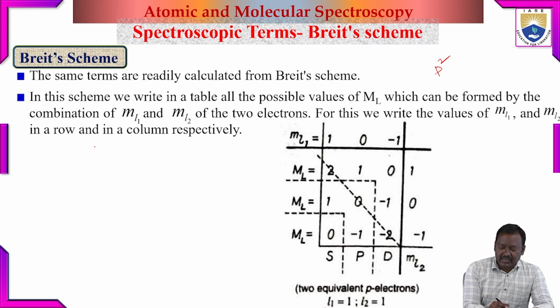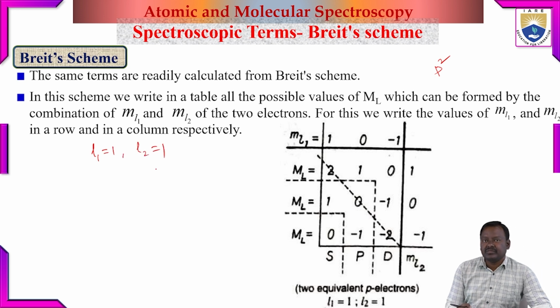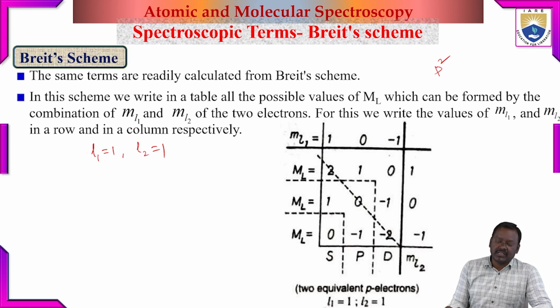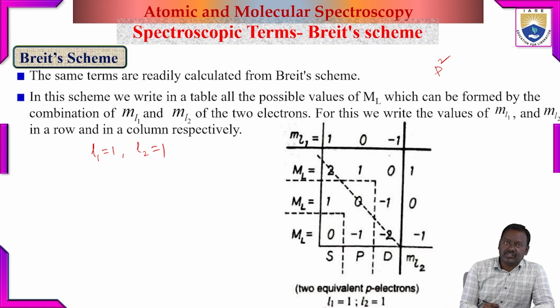P2 means there are two electrons in the p subshell having L values L1 equal to 1 and L2 also equal to 1, as the two electrons are in the same subshell p.